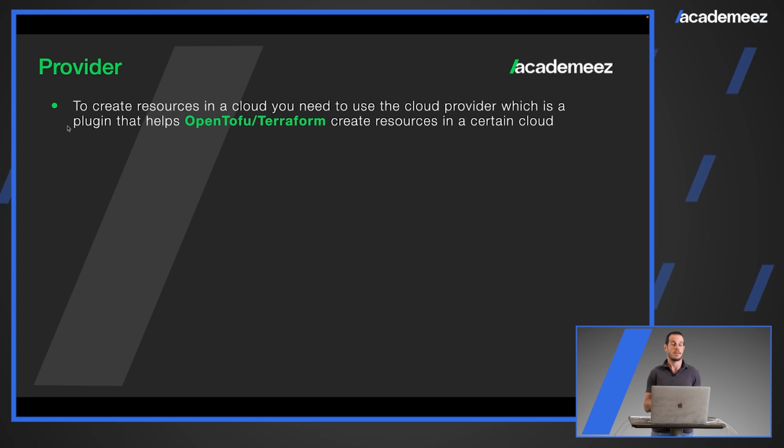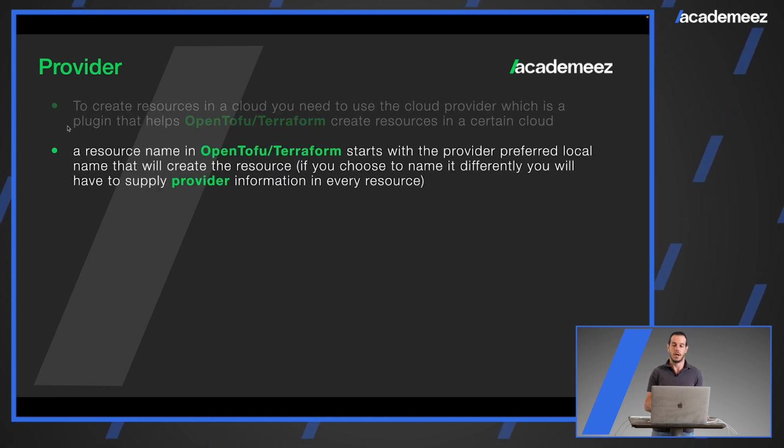The Flux provider can install Flux in a Kubernetes cluster. You can have a Postgres provider. So a provider is basically a plugin that gives Tofu or Terraform extra power to create something. And when you look at a resource, a provider helps Terraform create that resource.